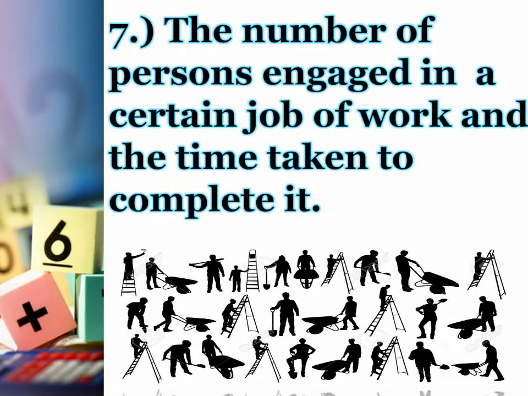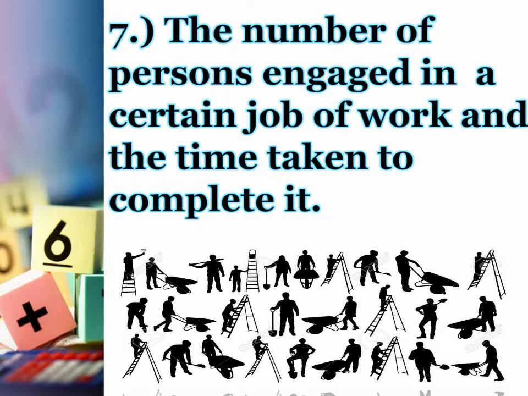The last one, the number of persons engaged in a certain job of work and the time taken to complete it. In this case, the two quantities are the number of persons and the other one is time. Here you know, when the number of persons engaged in a certain job of work is increasing, then the time taken to complete it is decreasing.